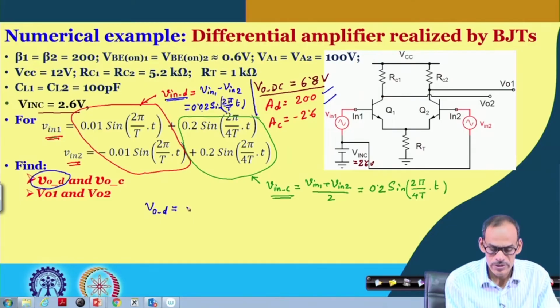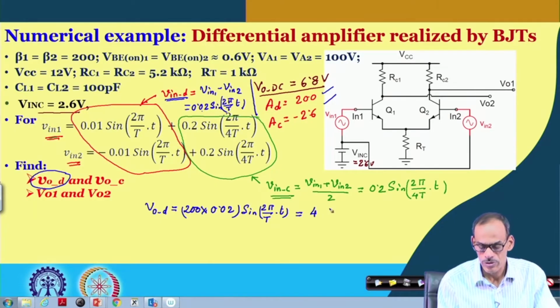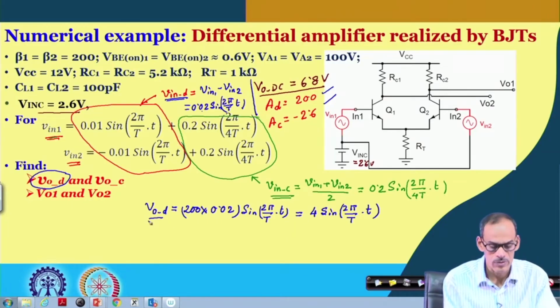So, that gives us 200 multiplied by 0.02 sine 2 pi by capital T into small t. So, that is equal to 4 sine 2 pi by capital T into small t. So, that is the differential output.